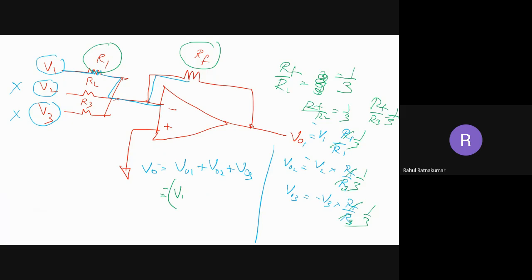So the output voltage is minus, negative sign, V1 plus V2 plus V3 into 1 by 3, that is divided by 3, right?